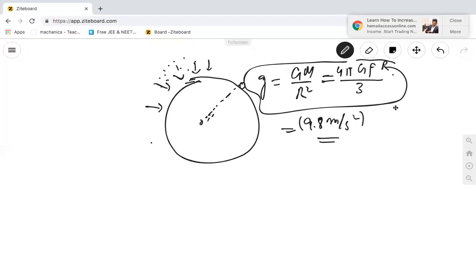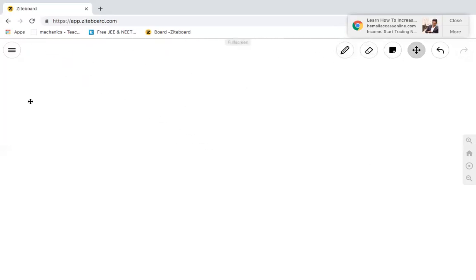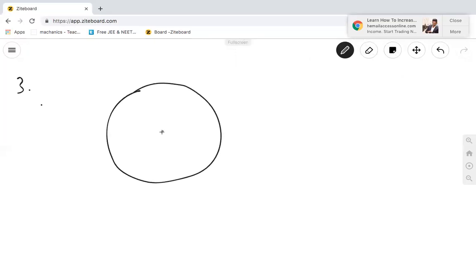Now, can you tell me one more thing? The third point is, let me suppose, again it's the Earth. I want to find acceleration due to gravity at this point, at distance small r.